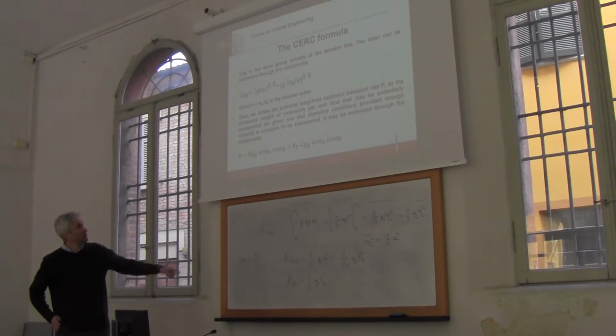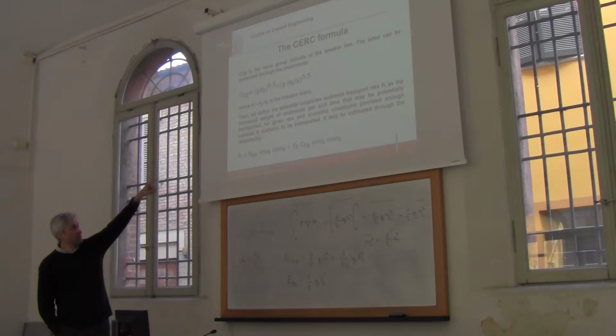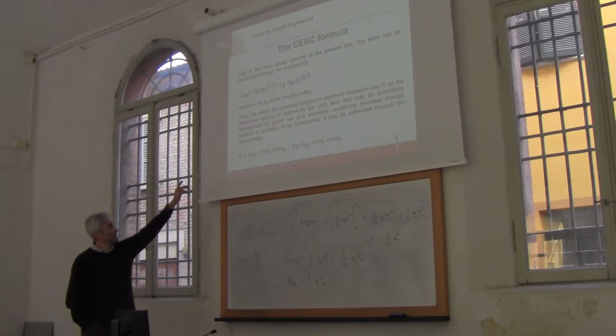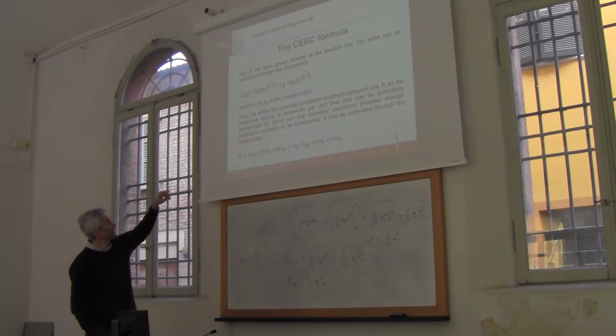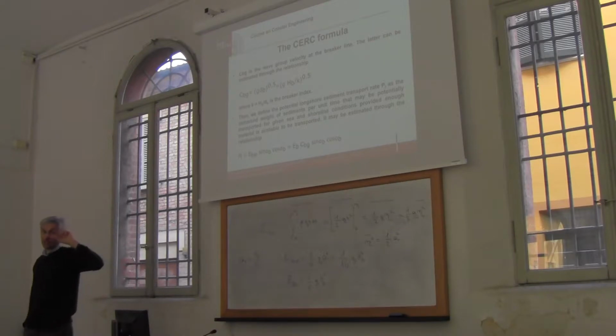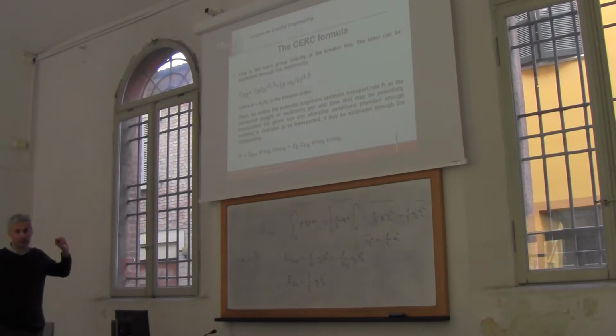And it can also be expressed in some textbooks, as you see on the extreme right-hand side, as the product of G times HB, which is again wave height, divided by K, where K is the breaker index, defined as the ratio between HB, wave height, and BB, water depth.